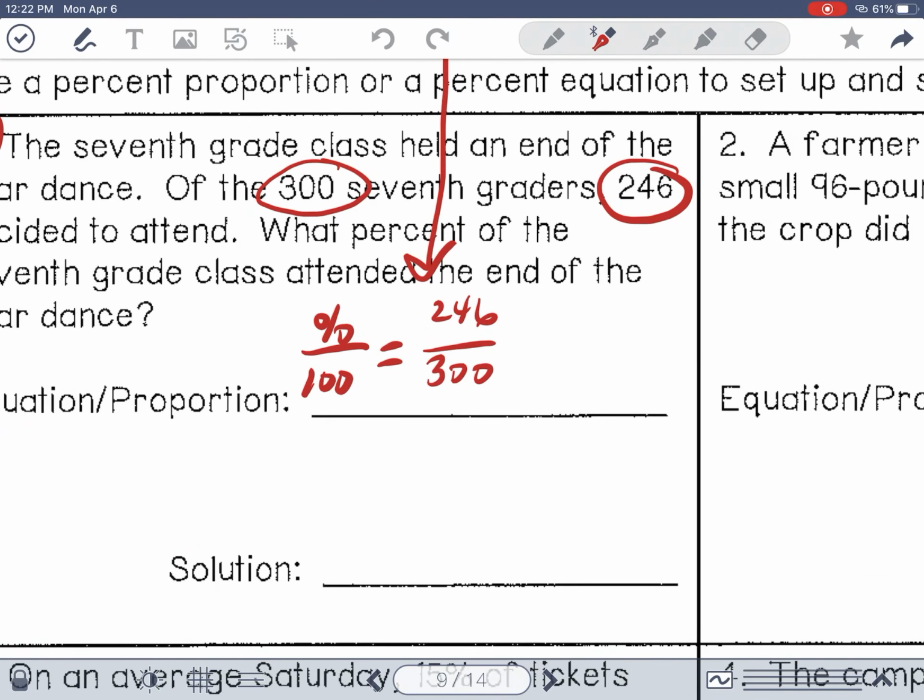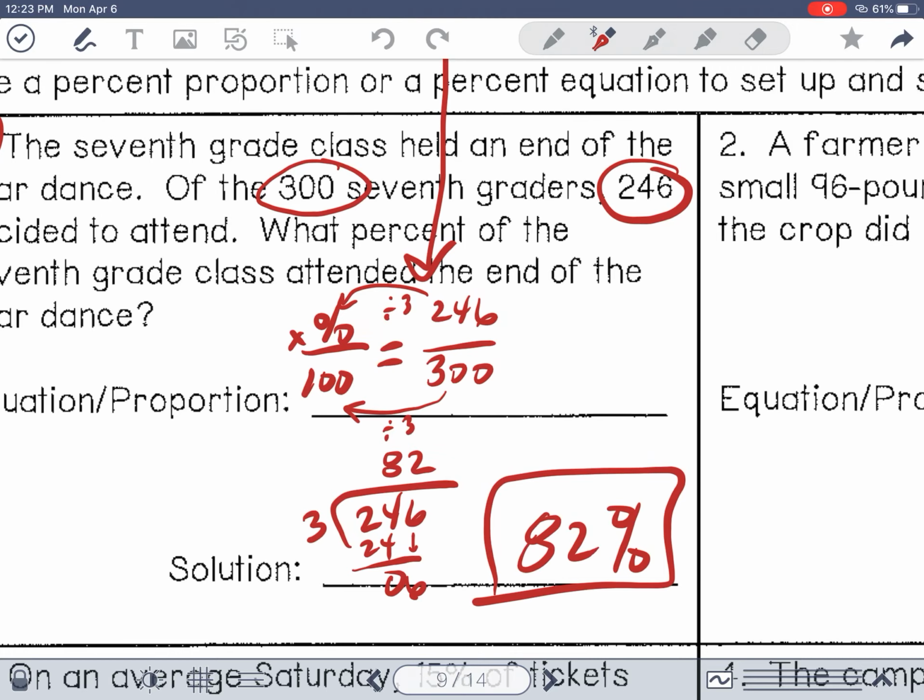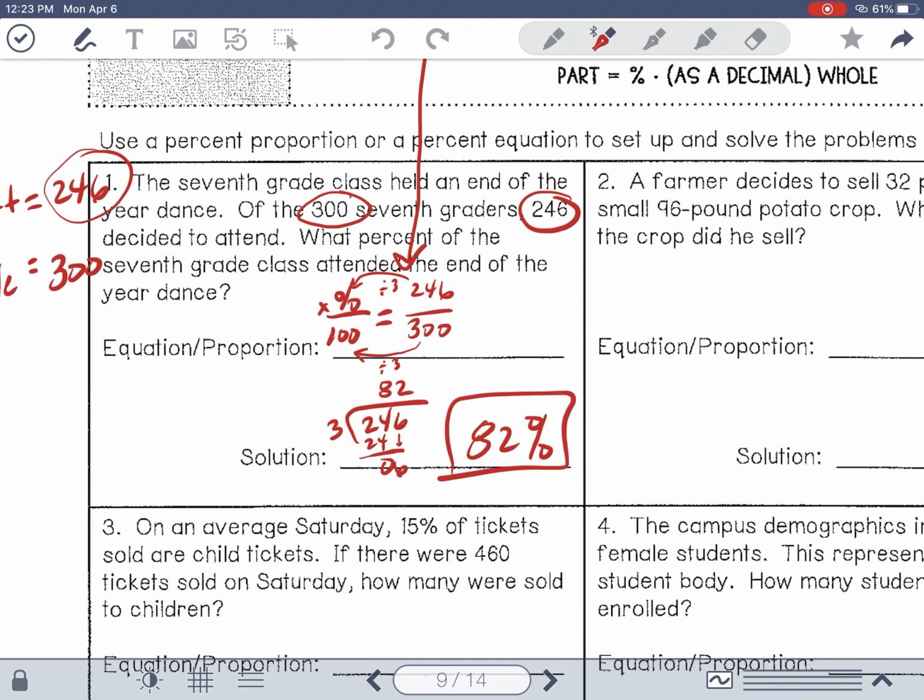This is an x over 100. 300 divided by 3 gives you 100, so let's divide 246 by 3. That works out to 8, 24, 0, bring down the 6. That gives me 82%. That's it. We could have solved it using cross multiplication, however we want to do it, but this is a scaling process.